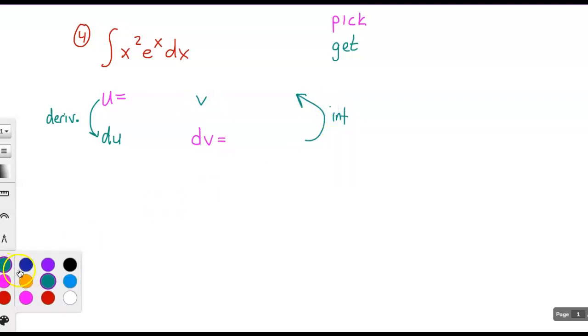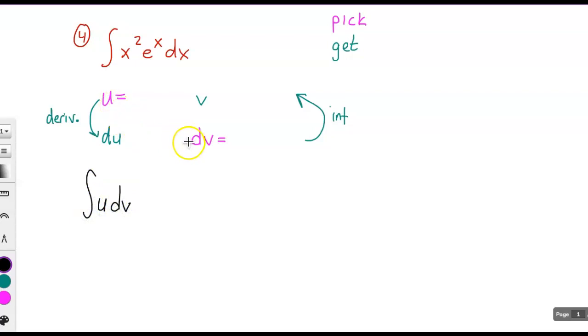Remember, the formula is the integral of u dv, my picks, is equal to u times v minus the integral of v du. So we have to rewrite this original just using u dv.